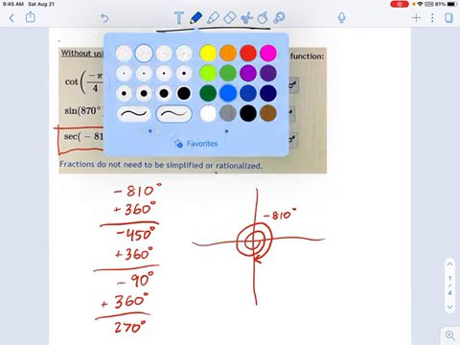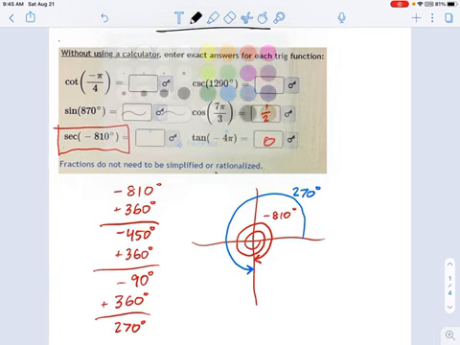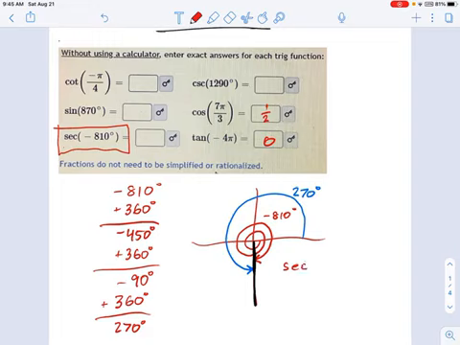And what I just found out is that by unwinding the spiral, I can draw another angle right here, 270 degrees, which is coterminal with negative 810 degrees at the negative portion of the y-axis. Right there. There's my terminal side. So, now I know something useful. I can say the secant of negative 810 degrees equals the secant of 270 degrees. Okay, step one done.